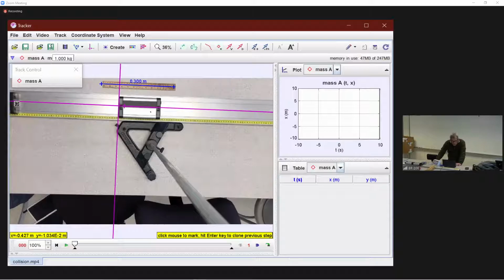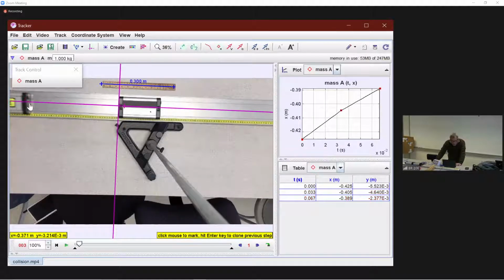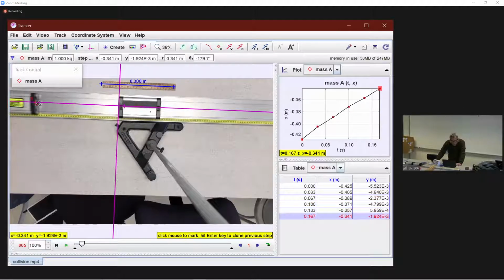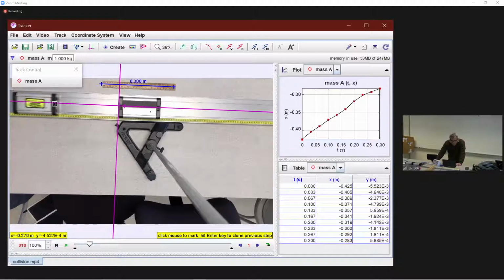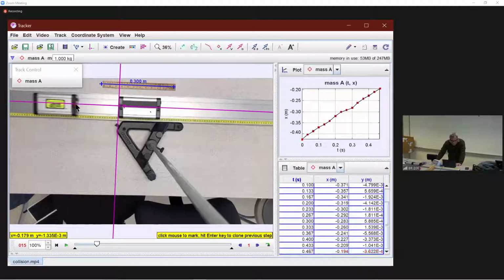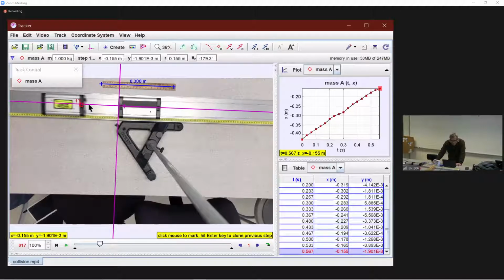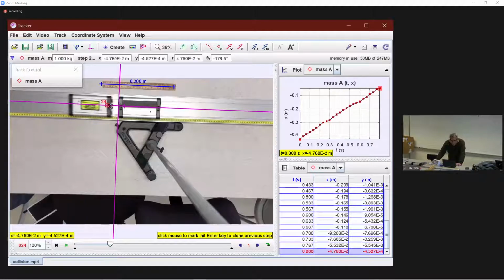So I hold down shift and I pick a point on the cart and then consistently click on that point over and over again as this goes frame by frame. I'm doing this very crudely. You're going to do a much better job, of course. Here comes the cart. And here comes the collision.